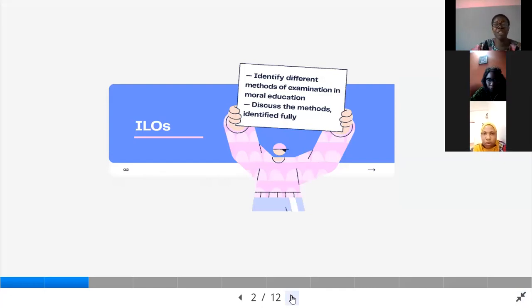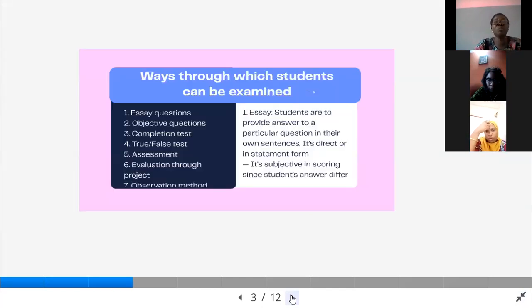I have been sharing my screen and talking about examination in moral education. I want to look at the types of exams, the types of questions that we get in moral education.